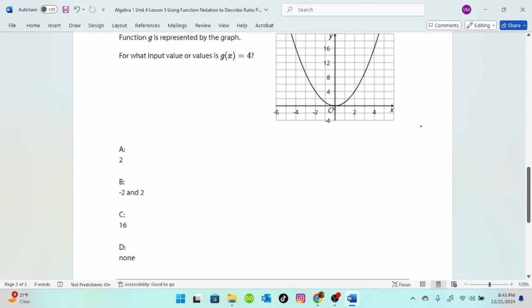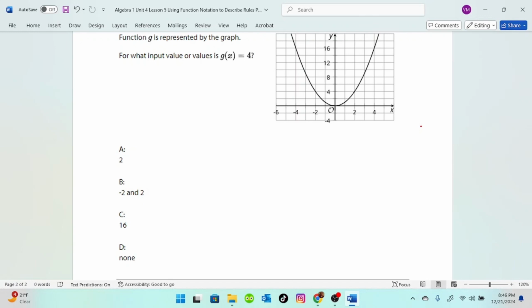For our next practice problem, function g is represented by the graph. So the parabola, or the big U-shaped curved line there, is the graph representing function g. Every single point on that line is making g true.